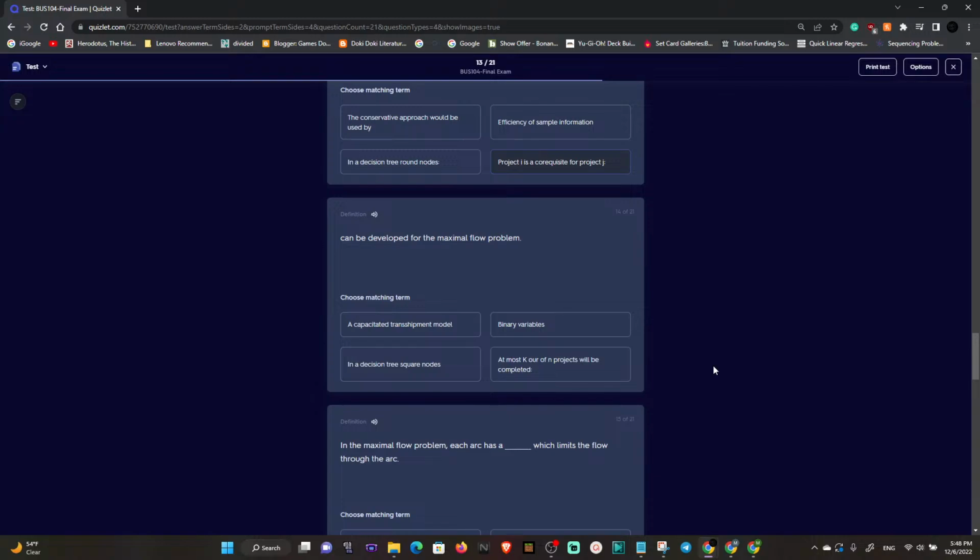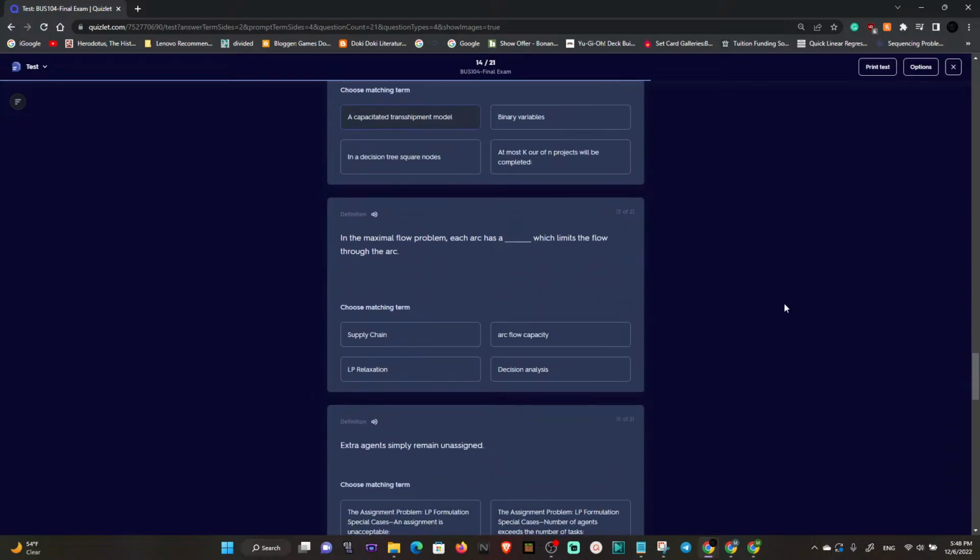The maximal flow problem is a capacitated transshipment model. In the maximal flow problem, each arc has a blank which limits the flow through the arc. Arc flow capacity.